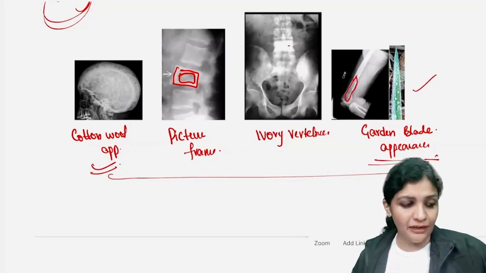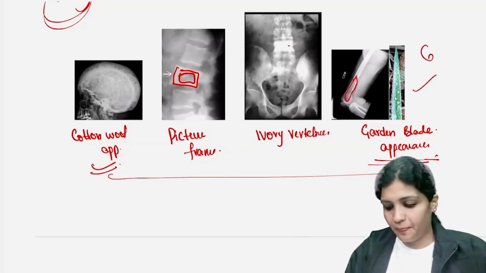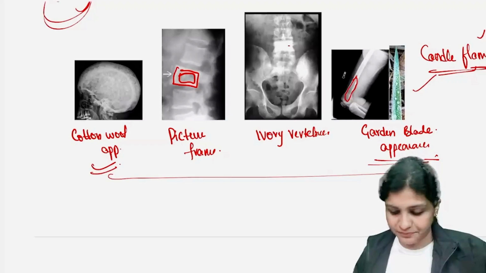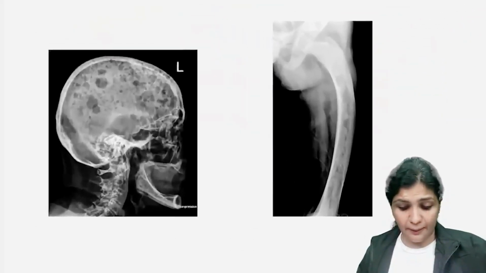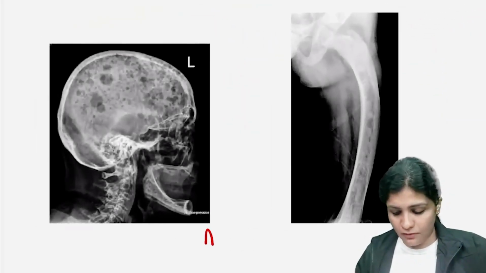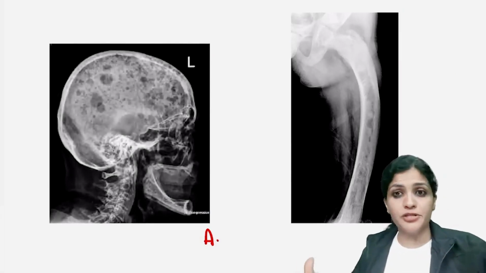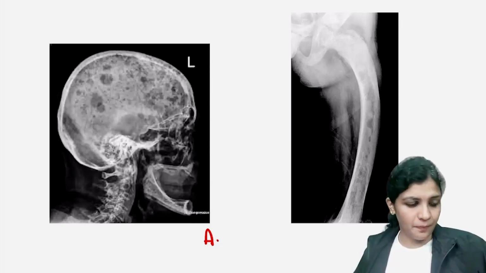Candle flame, not frame. Candle flame appearance or the garden blade appearance. Right? Then what is this? A, B. Faster, we have so much to learn. What is this?